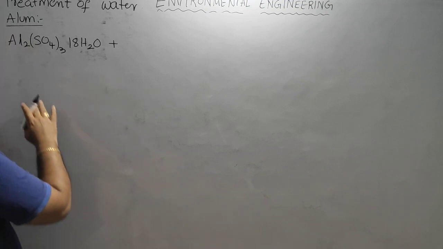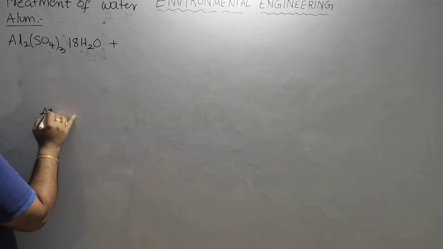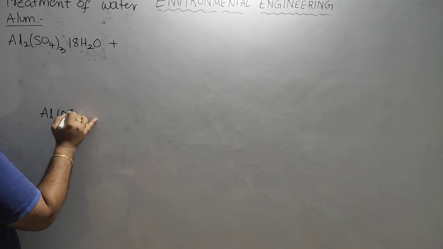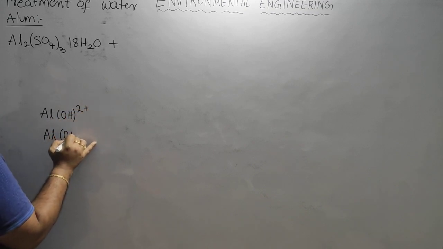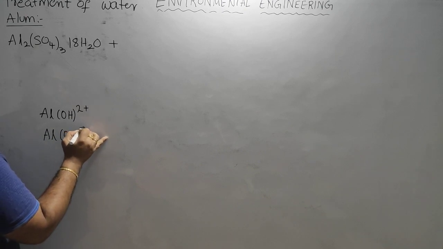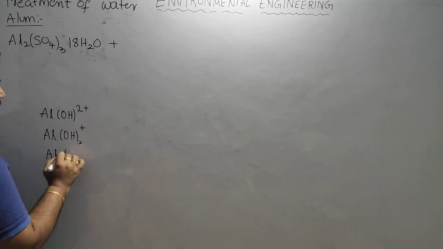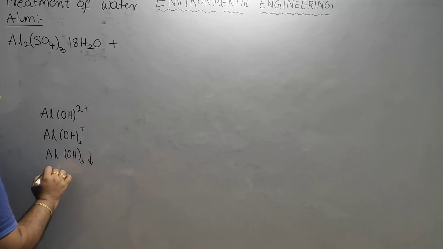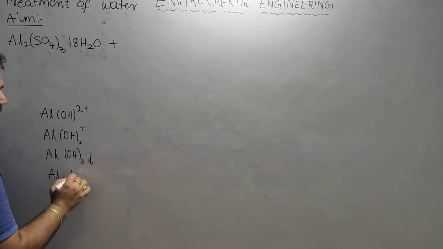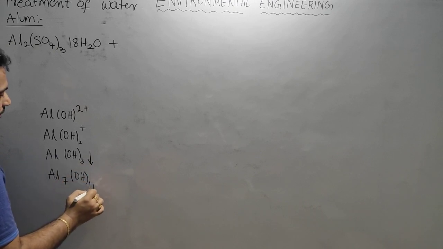What are the aquametallic cations that have formed? Al(OH)2+, Al(OH)2 1+, Al(OH)3, Al7(OH)17 4+.